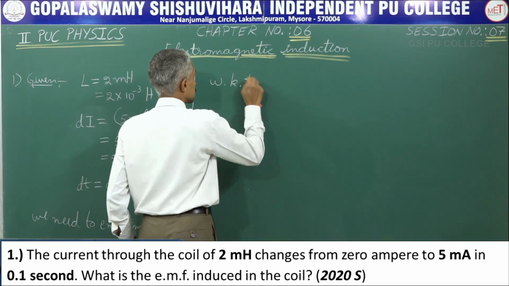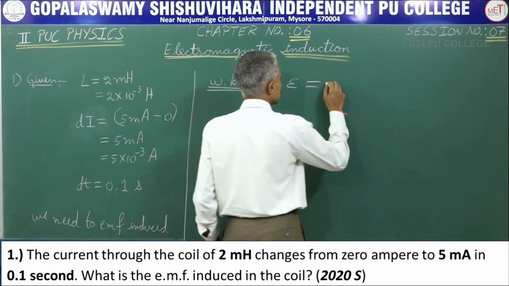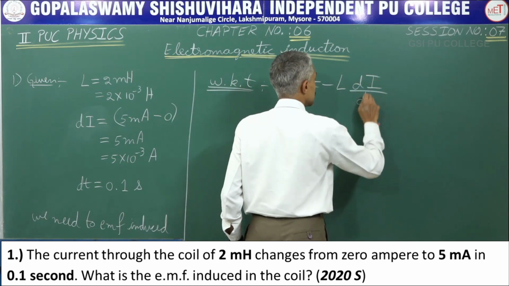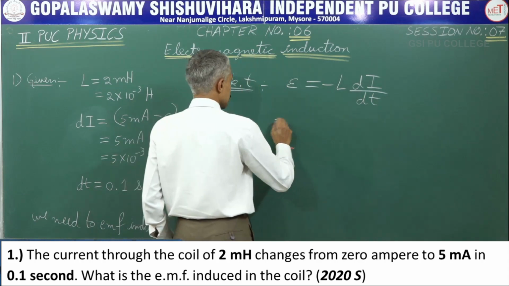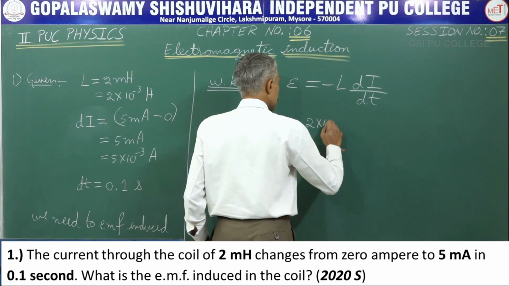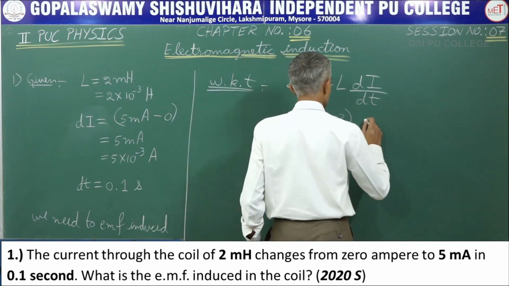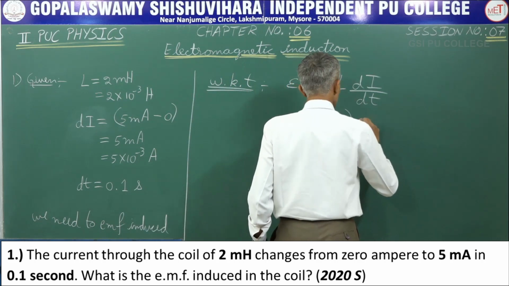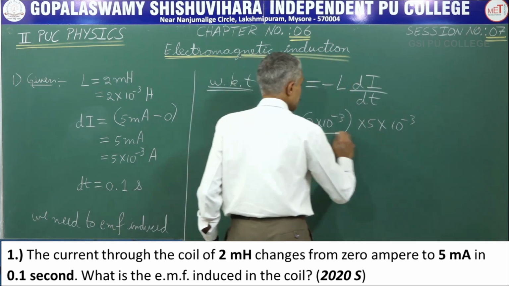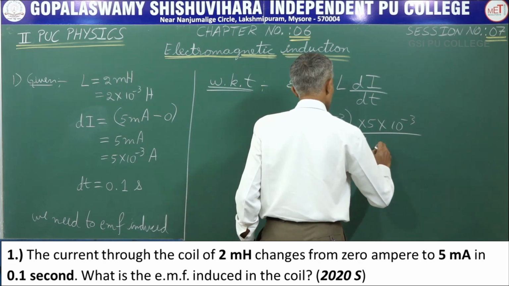We know that the EMF induced in a coil is given by minus L into di by dt. So this is going to be minus the inductance 2 into 10 to the power minus 3 Henry into the change in current, 5 into 10 to the power minus 3 ampere, divided by the time taken for the change, 0.1 second.